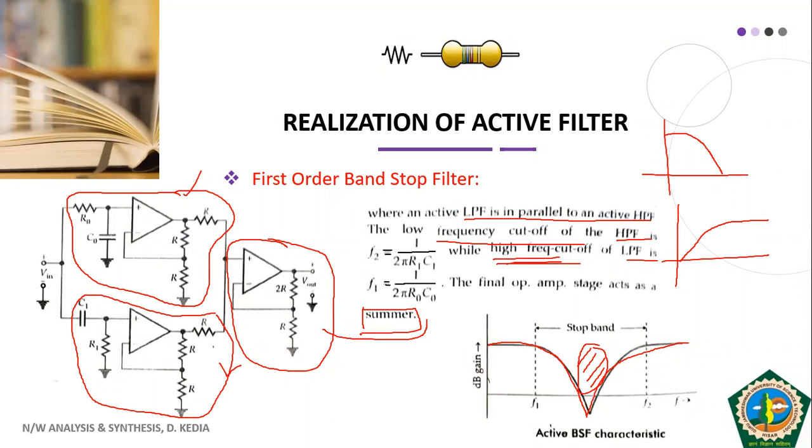So I hope all of you have understood the concept of active filters. In the topic of filters, we have talked firstly about the constant K filter or the prototype filter. Then we derived the M-derived filter from these prototype filters, and both of these were passive filters. And lastly, we have talked about active filters.